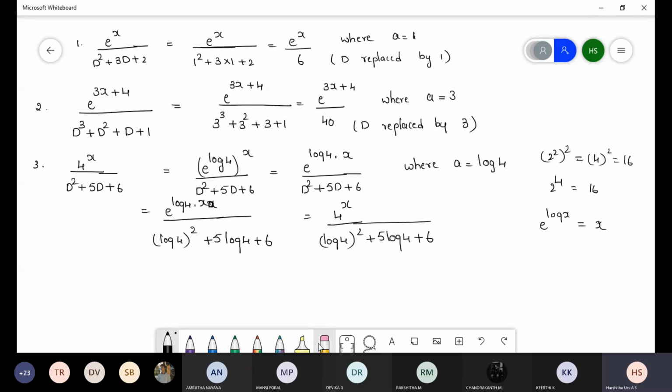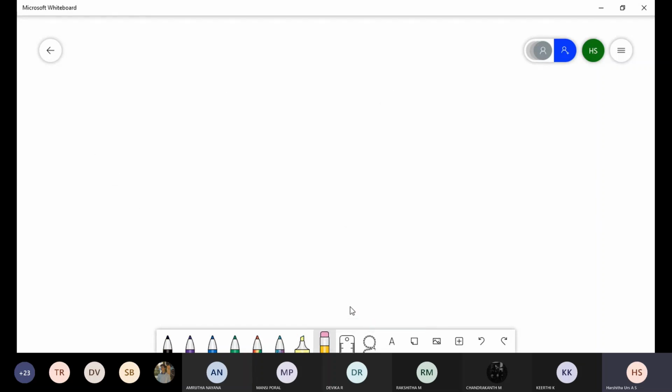Now comes the case where the denominator will be equal to 0. So take down the fourth one, e power minus x divided by d square plus 7d plus 6. Here, what is our a value? a is equal to minus 1.